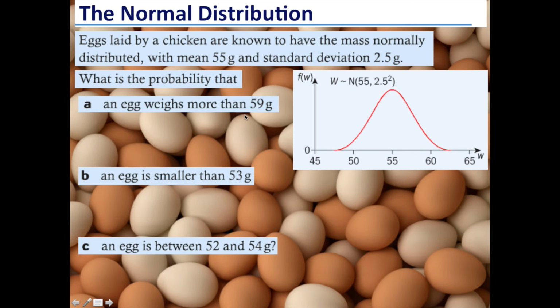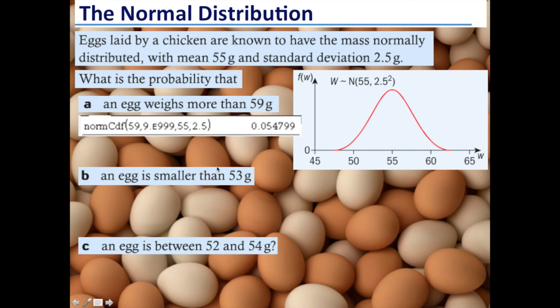So the probability that an egg weighs more than 59 grams, again we can see it's going to be up here somewhere, so we can get a rough idea of the size of the probability. But to solve it using our calculator, we're going to use the normal cumulative distribution function. So our lower bound, well, we want everything that's going to be more than 59 grams. So our lower bound is 59, and our upper bound, remember this is an asymptote, so it goes on forever.